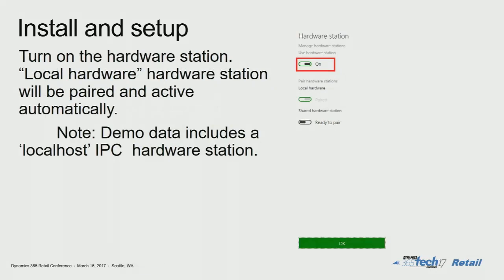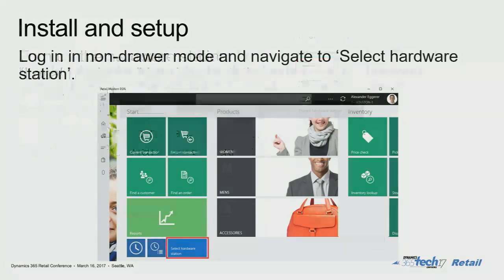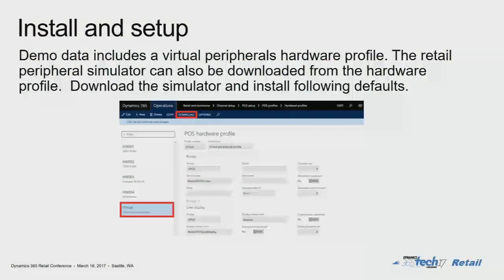And also in demo data, you don't even have to map to it. Well, I'll show you in setup. But we have a virtual peripherals hardware profile, and this makes everything work, at least for our POS simulator. So if you're using the utility for that, be sure you're mapped to that hardware profile.